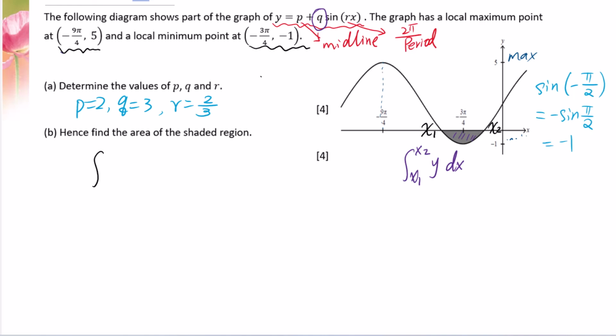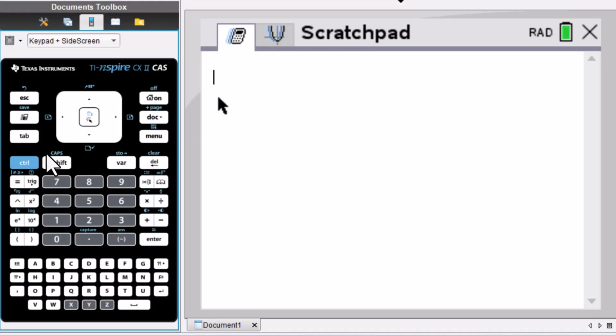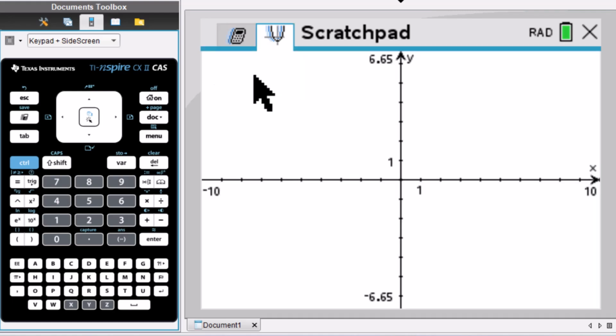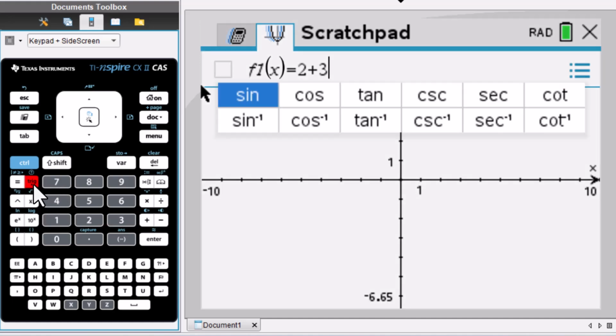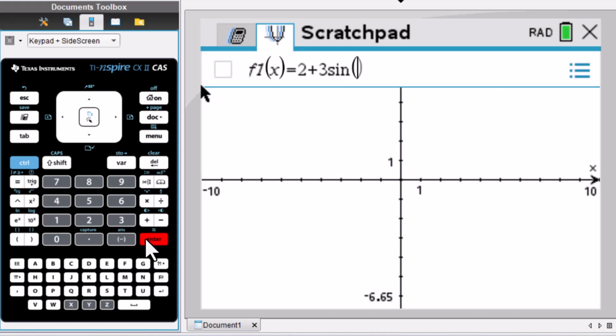Let's go to calculator. Scratch pad. Click again, go to this graph. Click on tab. Plug in 2 plus 3 sine of 2 divided by 3 x.